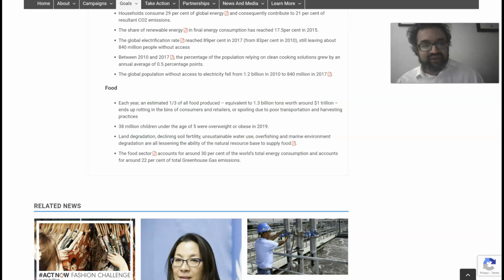So this is all affecting all of us. And 38 million children under the age of 5 were overweight or obese in 2019. Childhood obesity is on the rise and really needs to be addressed early on.